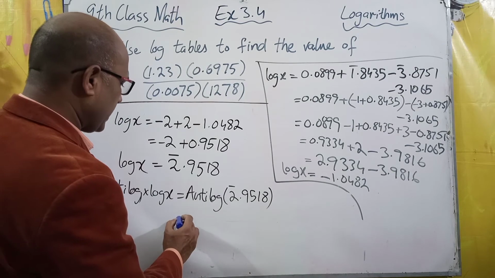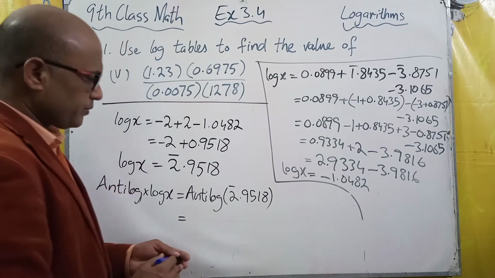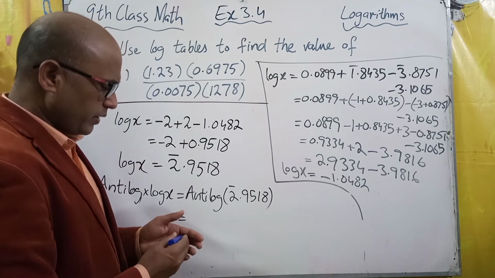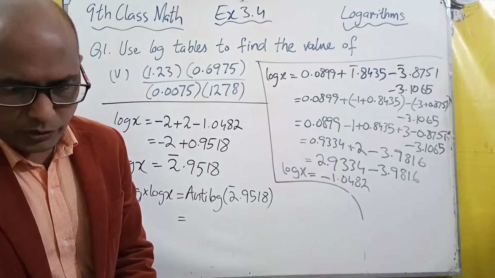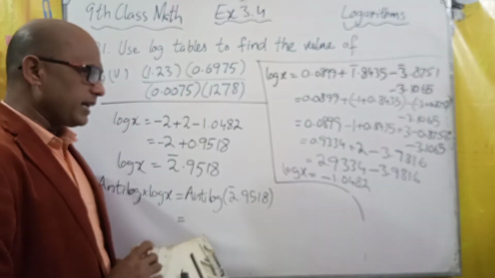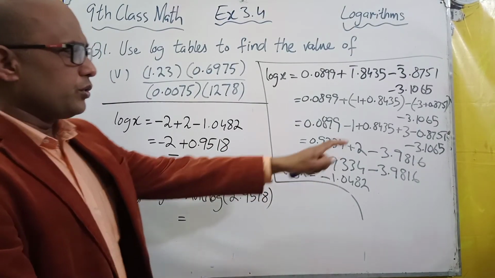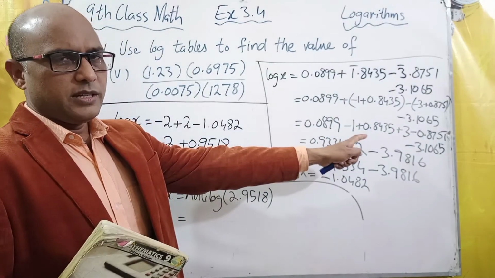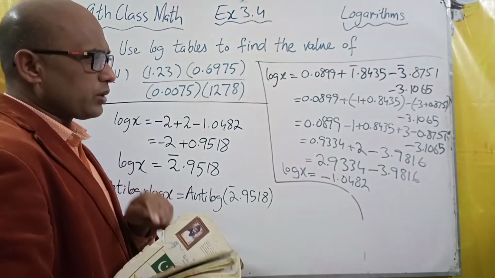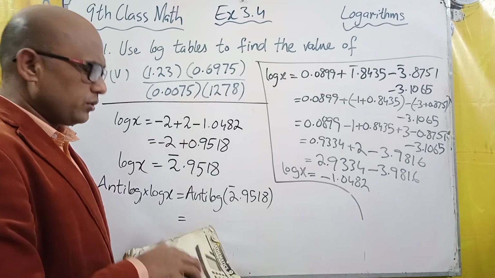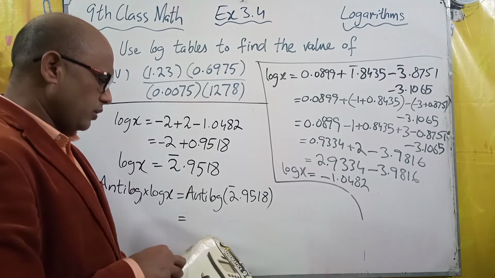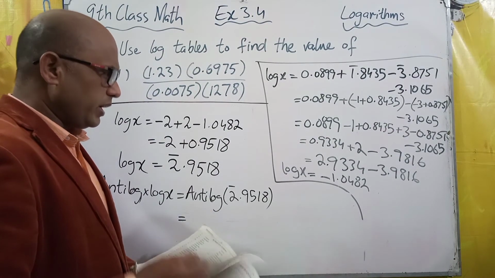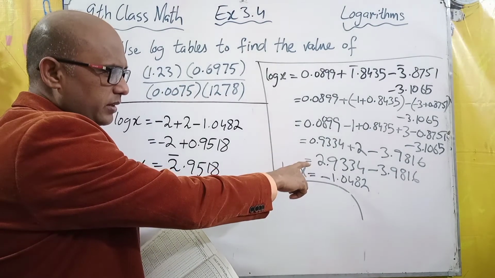Now students, we can find its anti-log. First of all, we have to keep in mind that in logarithm, you ignore the decimal when you look into the table. When you use the logarithmic table, we ignore the decimal.